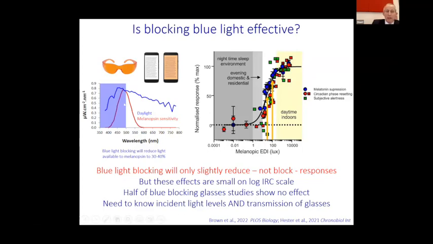Another point on the transmission of blue blocking glasses and filters is people often don't report the transmission. Typically people use below 500 nanometers, but some people are using 550 nanometers. That may be expected to have a much greater effect, because you're then getting up to a 16-fold, over a log unit, difference in actual light intensity.